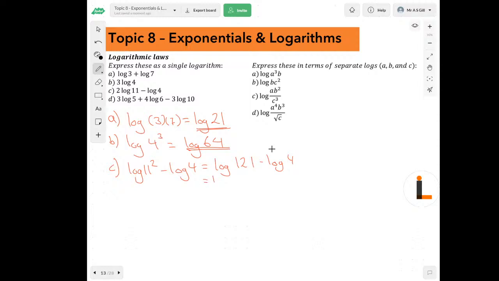Underneath. So we've got parts A, B and C done there.